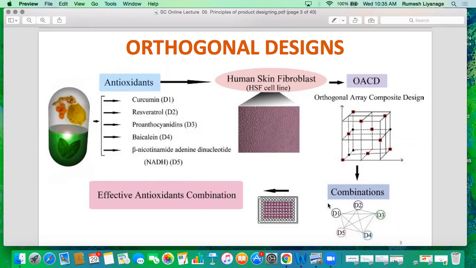Out of these 5 experiments, after conducting them, the researcher has selected the effective one, right? This is one example. We have used similar examples for factorial designs as well. But in the orthogonal design, we can reduce the number of trials. We can further reduce, right?